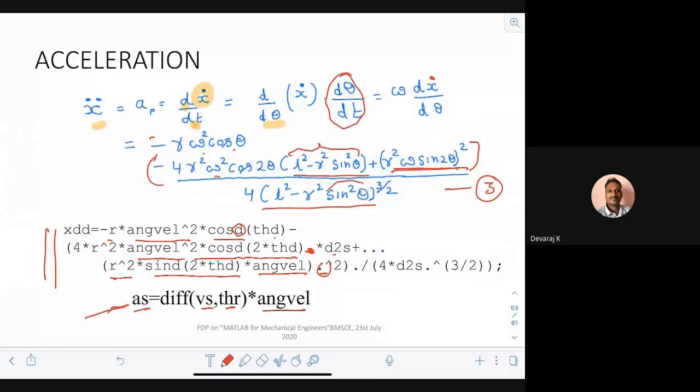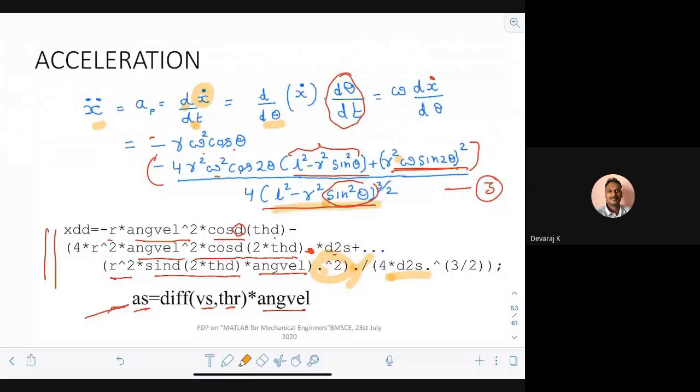Therefore, this dot operator is coming here. Got it? I made a mistake. This dot operator here is because this numerator is divided by denominator, so divided with the dot operator, element by element. 4, this is d2s to the power of 3 by 2.